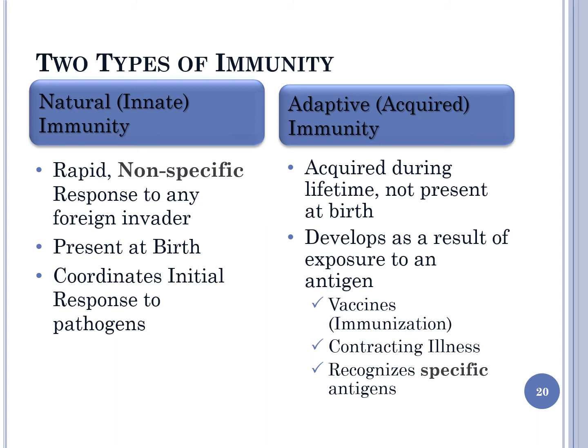Is it active or is it passive? So if it's active, it means that you made it by the body yourself. You got sick, and that's how come you now have the active type of immunity, which is also a type of adaptive immunity, right? So maybe you got the chicken pox or something like that. Or was it passive? Was the type of adaptive immunity, did you get it via a passive way?